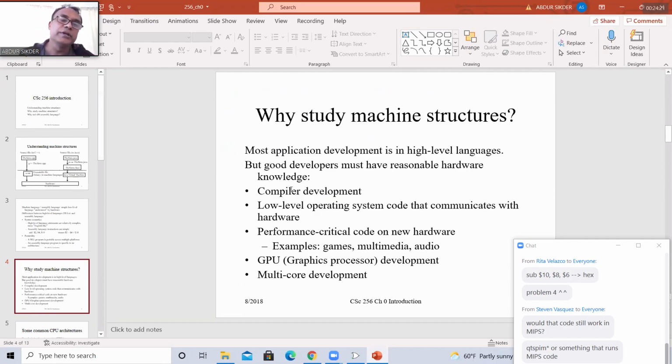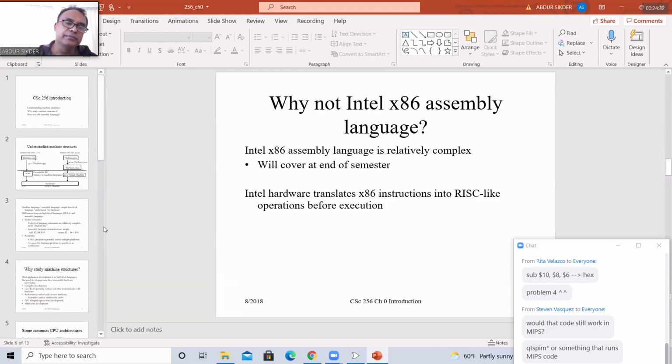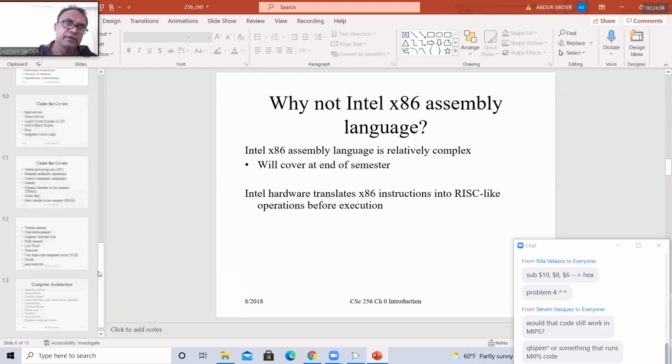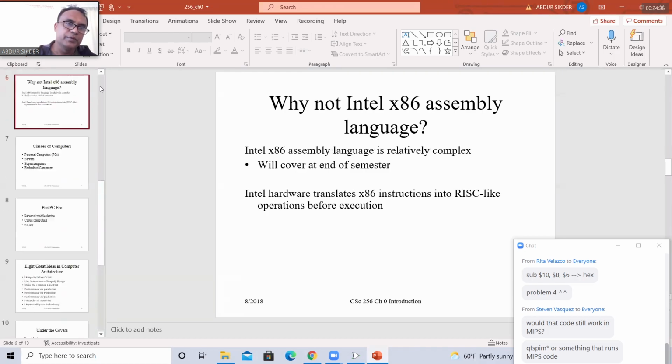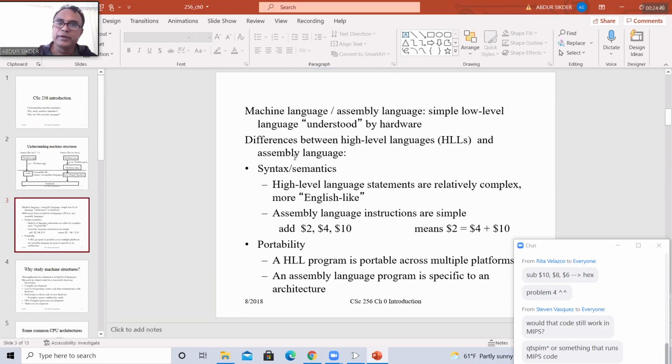So first, to go through this, you are familiar with this. We've been through it a couple of times already. Any particular question, then I should pay attention here from your point of view. From my point of view, what is important here in these slides is the difference between high-level language and low-level language or machine language.